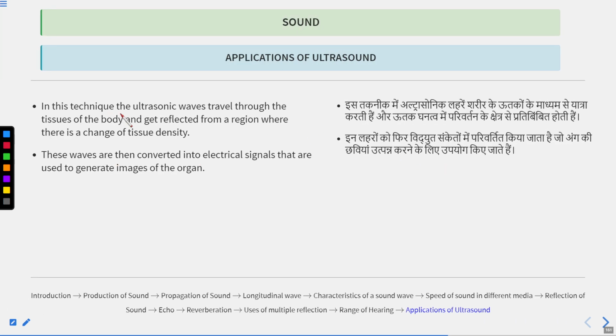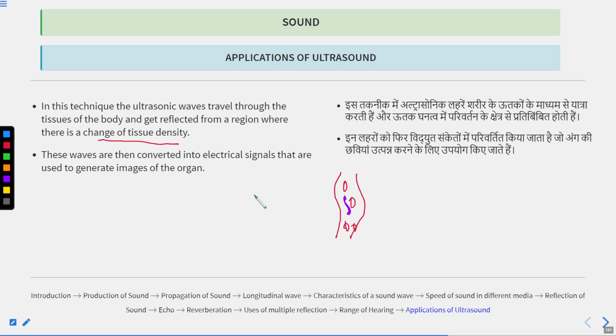In this technique, the ultrasonic wave travels through the tissue of the body and gets reflected from different regions where there is a change of tissue density. If this is our tissue, and here is the abnormality, what will happen?